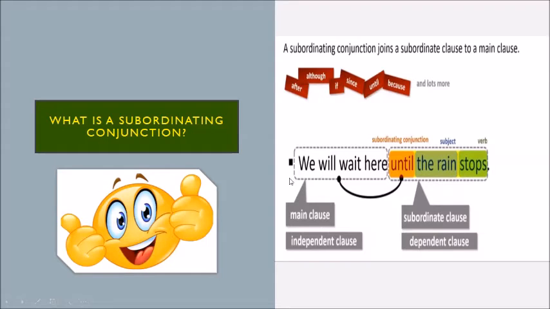Then in a sentence, we can have two parts, a main clause and a subordinating clause. Other names for these kinds of sentences are independent clause and dependent clause.